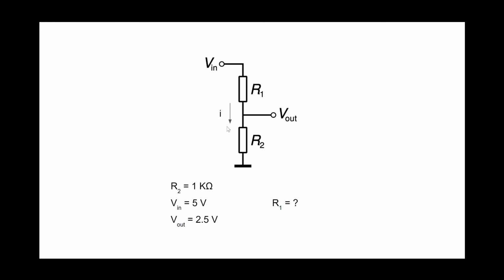The voltage dropping through R1 will be R1 times I, and the voltage will drop as much as I times R2 on R2. Then the voltage becomes zero because it's connected to GND here. This is GND. Therefore, we can see that the applied voltage Vin is distributed to each resistance in the R1 and R2 ratio.